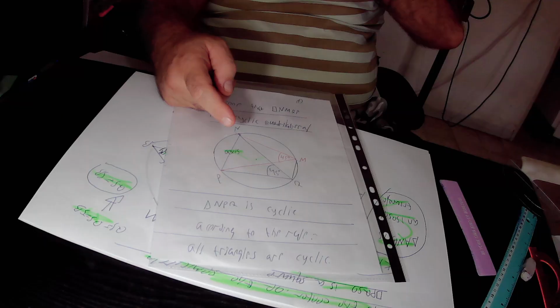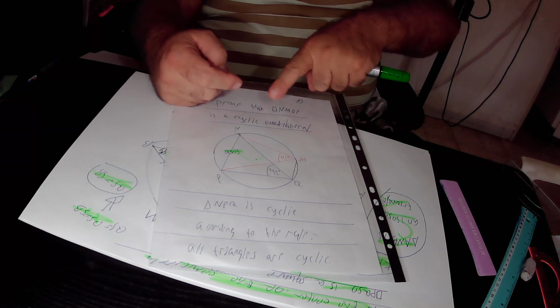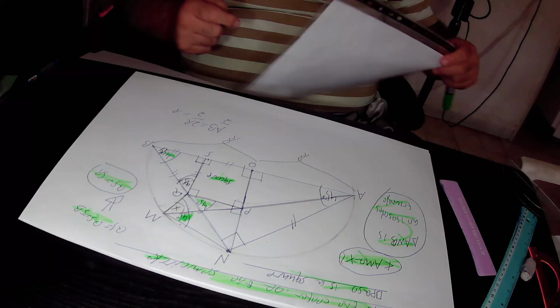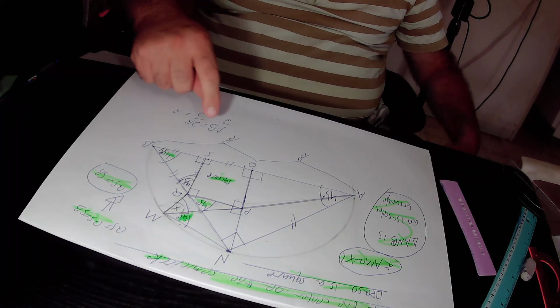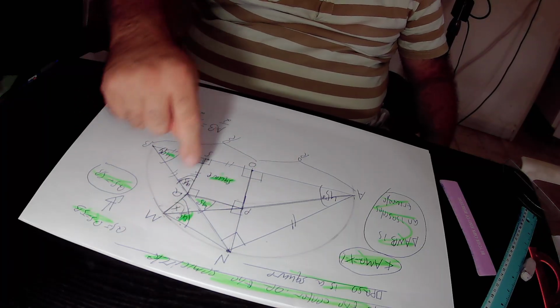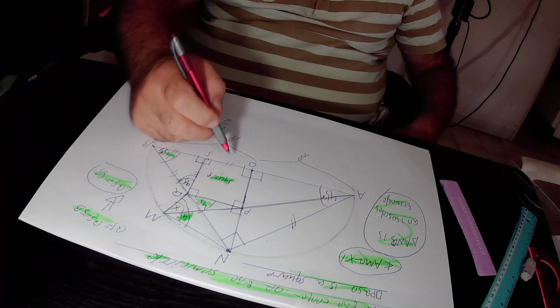So quadrilateral NMQP is inscribed by this circle. So in this way, we actually prove that quadrilateral NMQP is a cyclic quadrilateral. So we can block quadrilateral NMQP by a circle. So I block this quadrilateral NMQP by a circle.